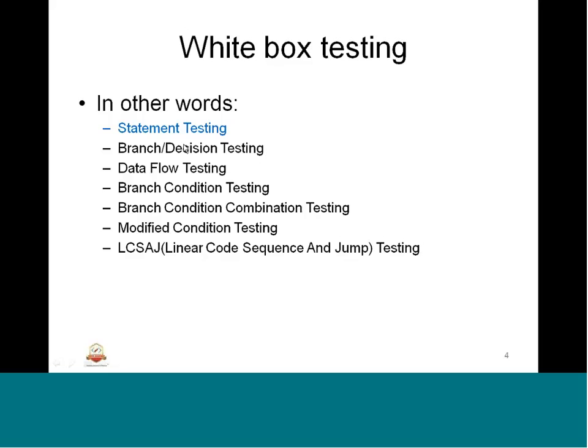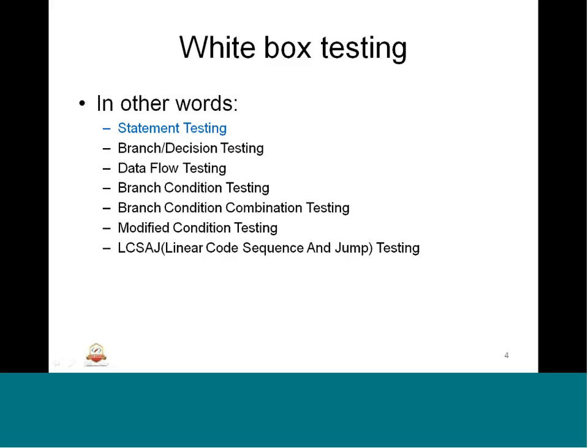The next one is data flow testing. Here the test cases are designed based on variables that are used within the code. Basically, this is purely based on the data, how it is represented with the help of variables.